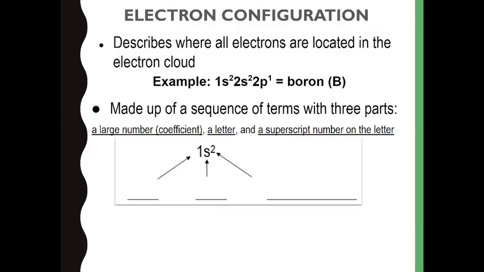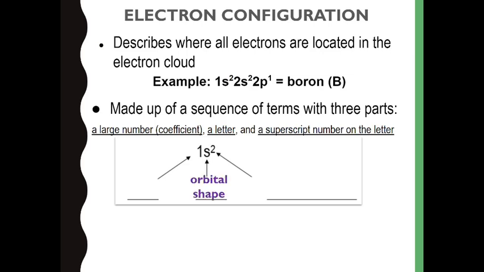So here, electron configuration, as I've already mentioned, describes where all the electrons are located in the electron cloud. So if we write something like 1s2, 2s2, 2p1, that describes every single electron in its position, what energy level and shaped orbital they're in, in a boron atom. And as you can see, it's made up of a sequence of terms with 3 parts, like that 1s2 term.